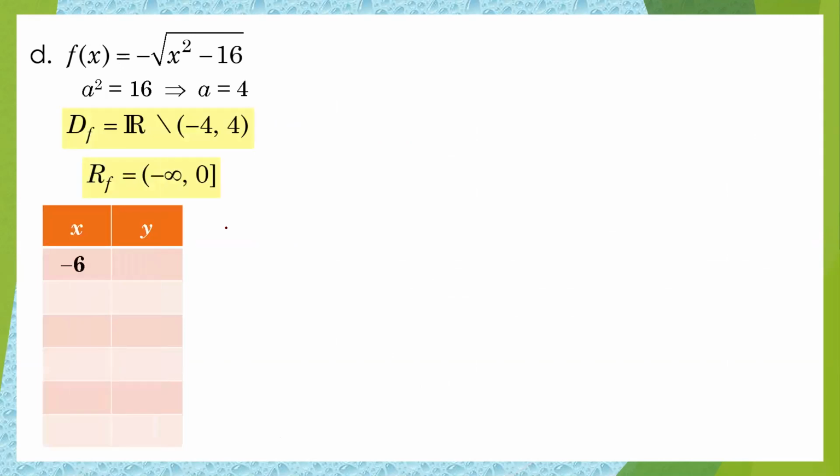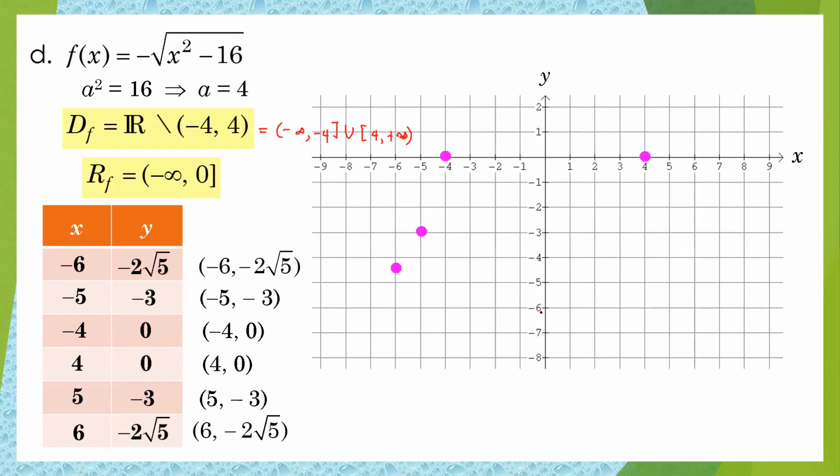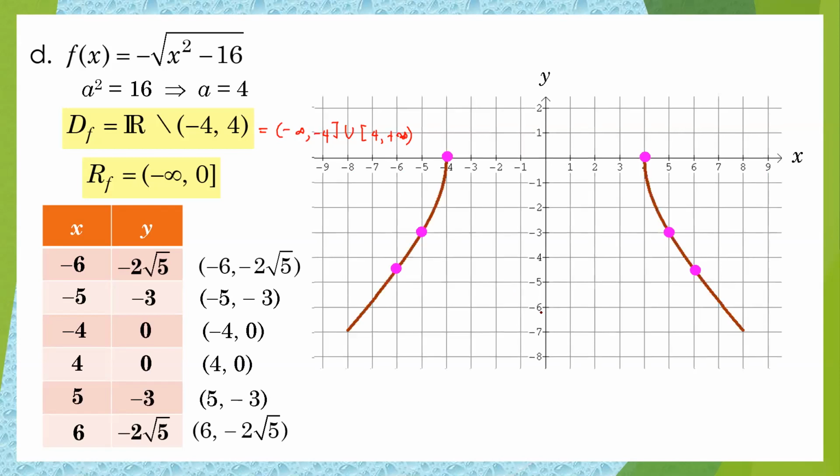So how do we write this, children? -infinity to -4, union with +4 to +infinity. Okay? Assigning values. Oh, that's it.